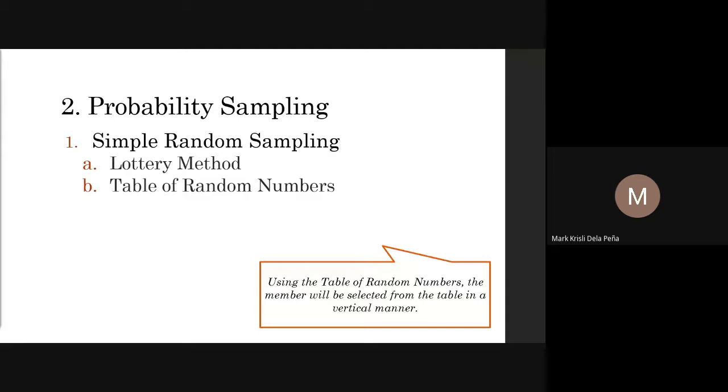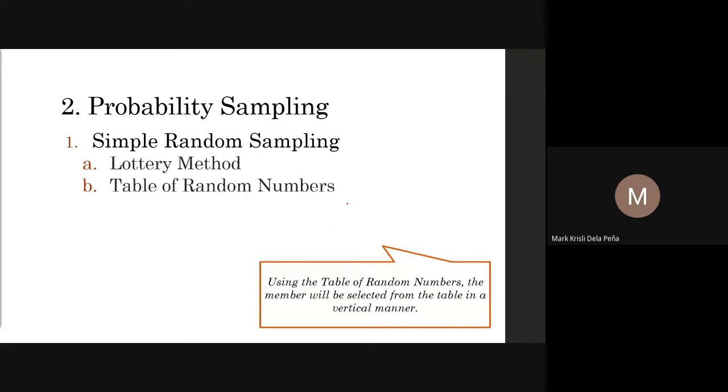We also have the table of random numbers. In a table of random numbers, you have a list of random numbers which are generated ahead. In some statistical books, you can find a table of random numbers, or you can use your calculator to give you random numbers.